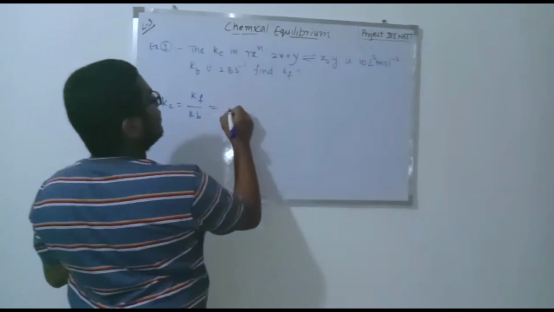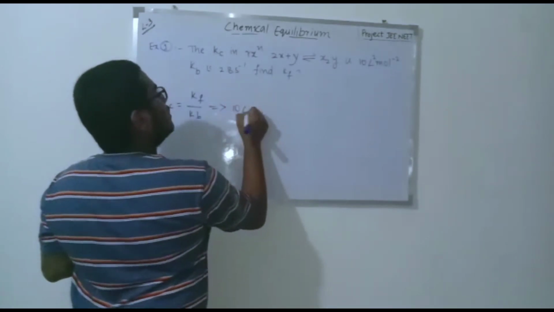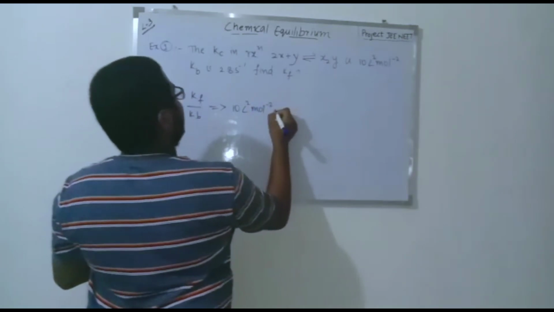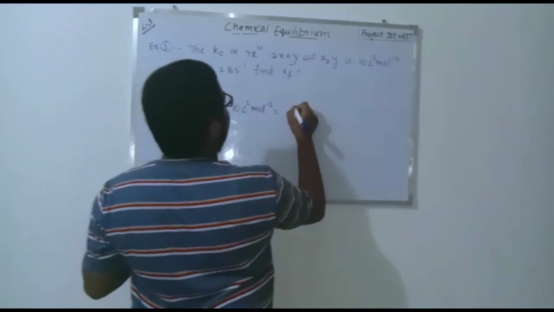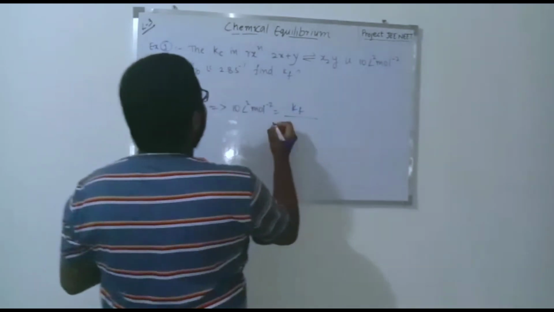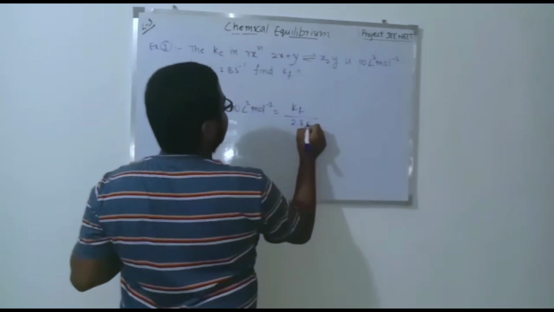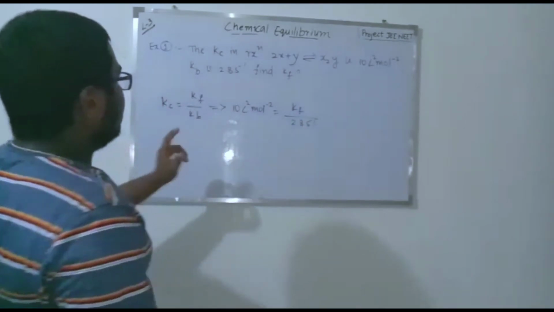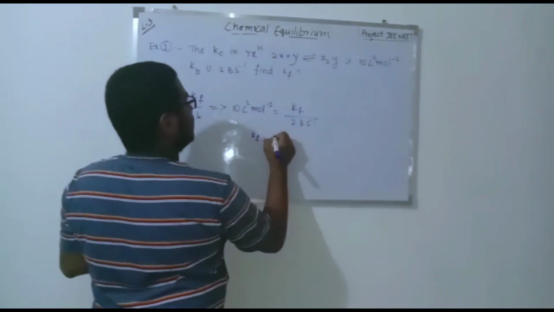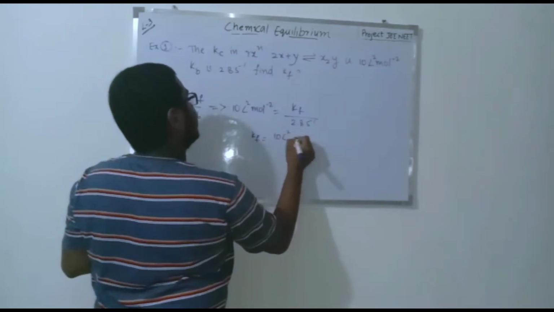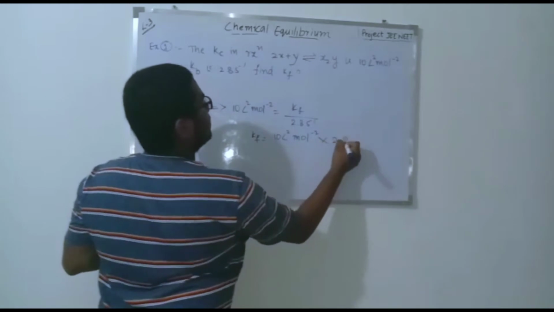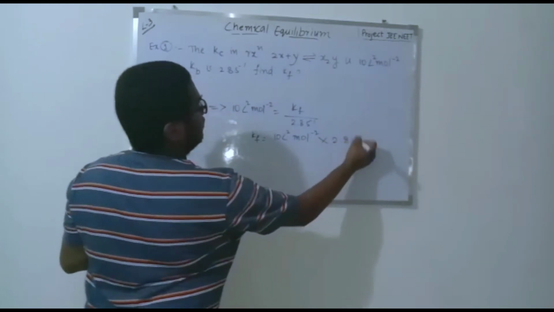Kc is given as 10 liter square mole inverse square, which is equal to Kf, which is what we have to find, divided by Kb, which is given as 2.8 per second. So Kf is equal to 10 liter square mole inverse square into 2.8 per second.